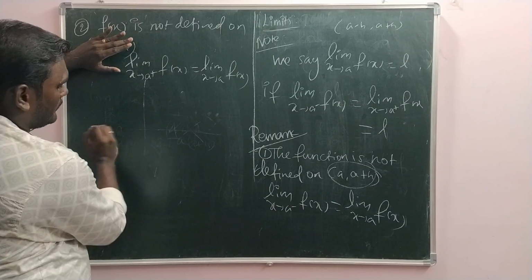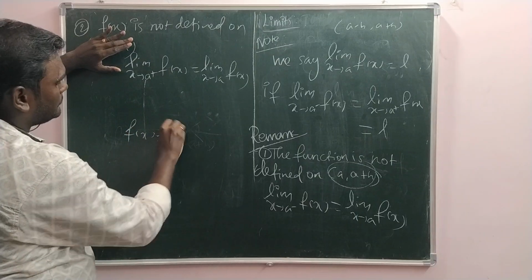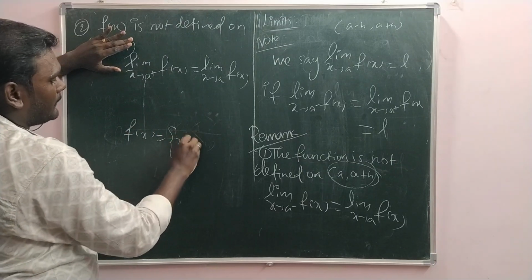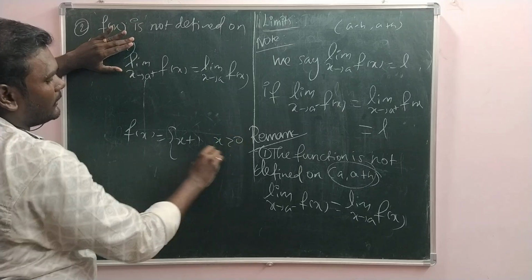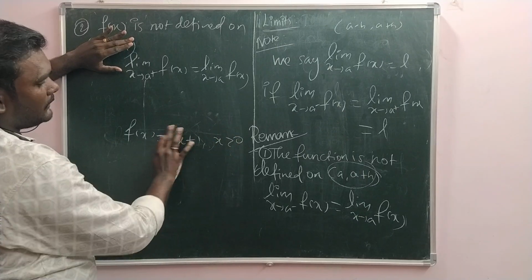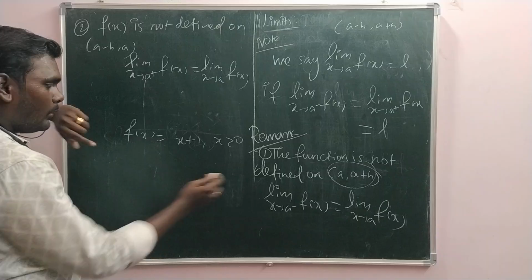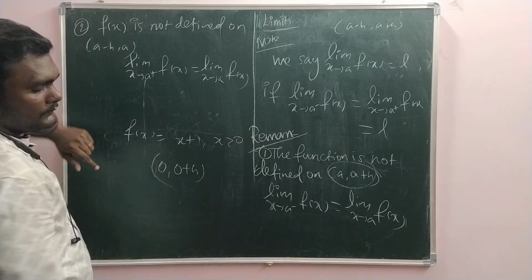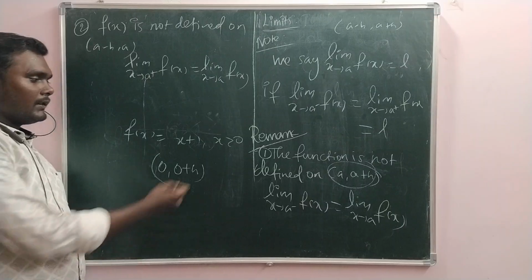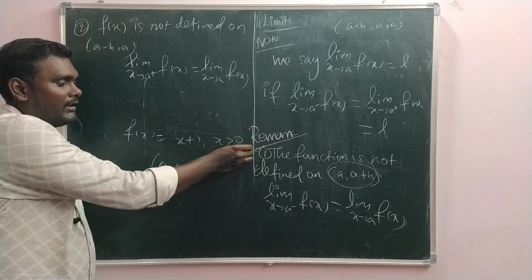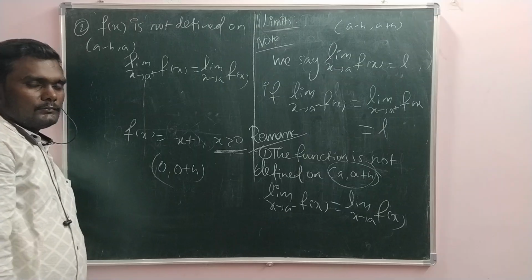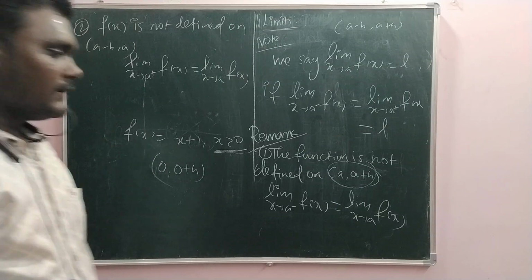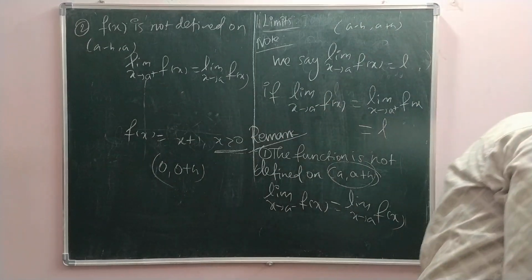Limit x tends to 0 of f of x, where f of x is equal to x plus 1 when x is greater than 0, for example. Then only the right part exists, that is 0 comma 0 plus h, whereas the left part is not even defined. In such scenarios this will happen.